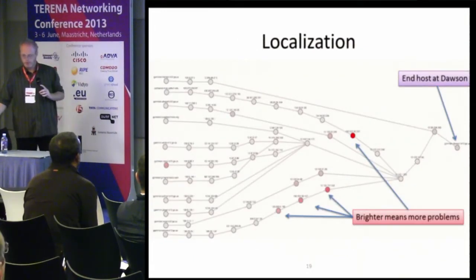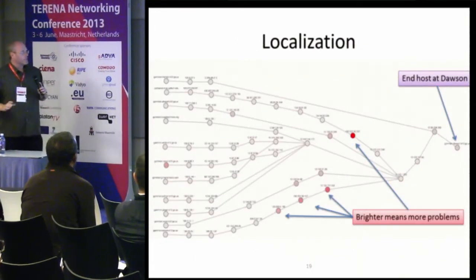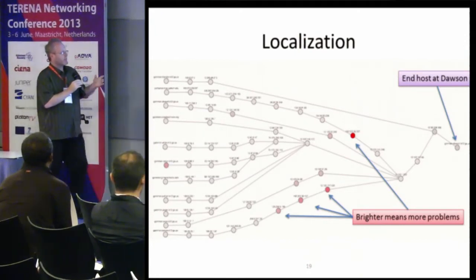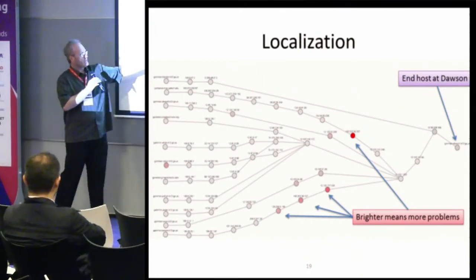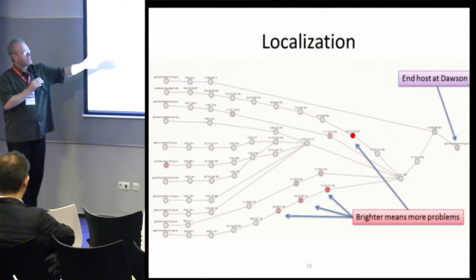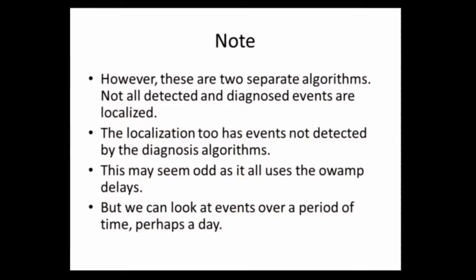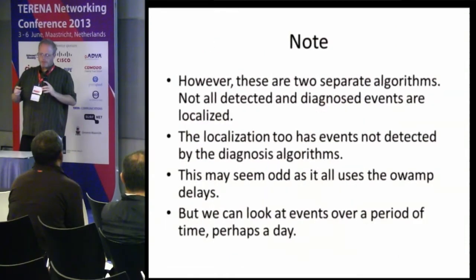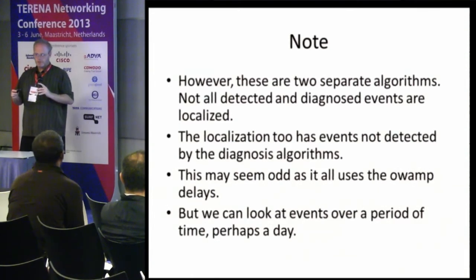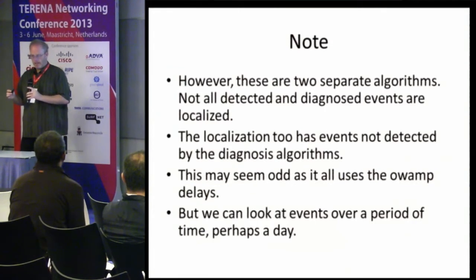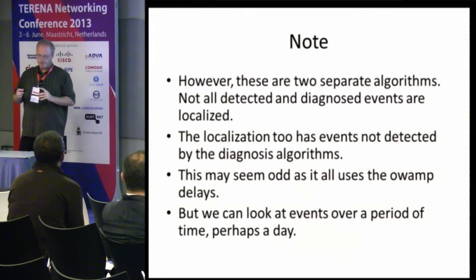Okay, well, quickly then. So this is just the visualization for the localization. The brighter red dot means there's a higher probability that that's the location of the problem. But like I said, there are two separate algorithms, and just because you've localized an issue doesn't mean you actually have a diagnosis for it, and vice versa.